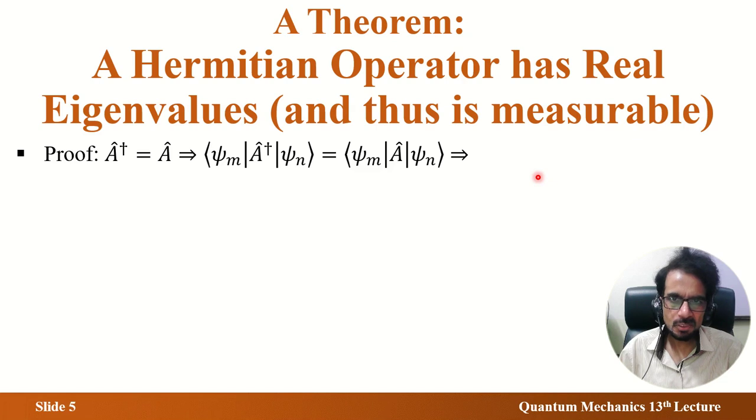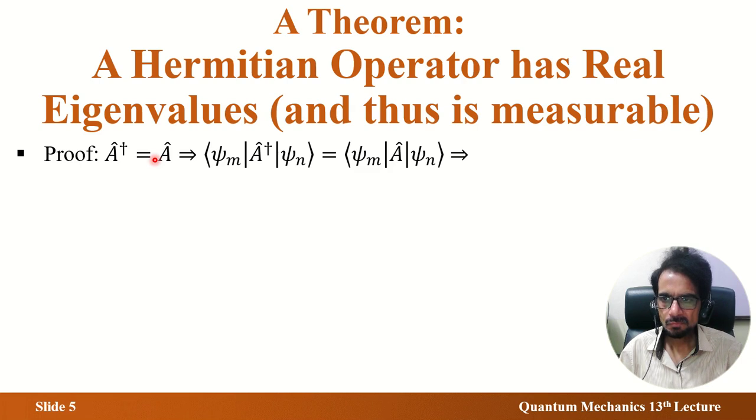But the demand was just spoken to introduce it. That was not proved. So when I prove it, that's the first of the three theorems in this lecture. The first theorem is that if the operator is Hermitian, the eigenvalues are real. And real means they are measurable.